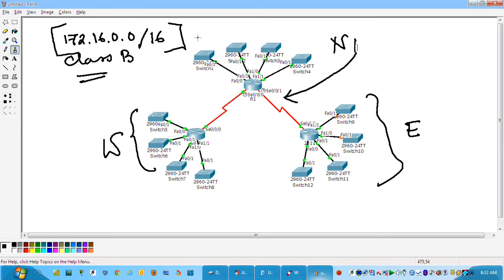This is LAN 1, LAN 2, LAN 3, LAN 4. And then there will be another requirement that you have to further subnet these IP addresses into 4 more subnets.